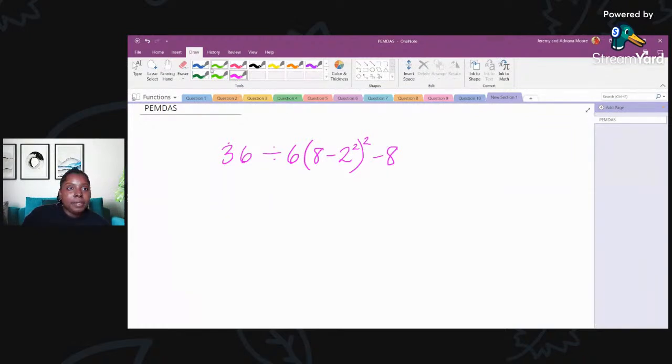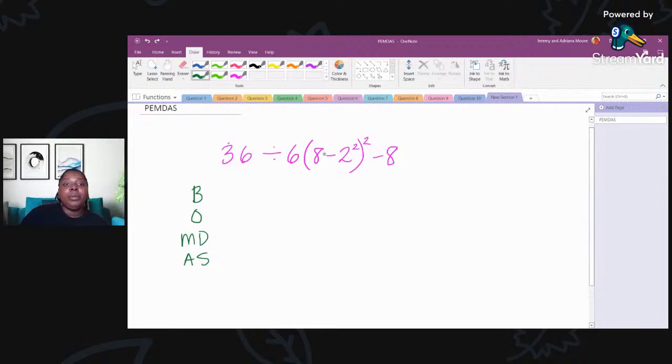Okay. So let's do it. First things first is parentheses. Even within the parentheses, we follow the order of operations.